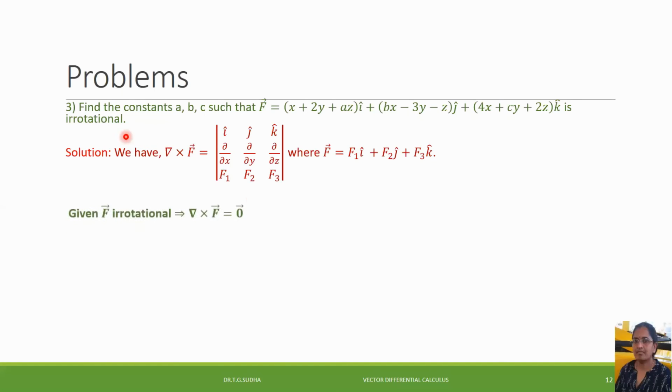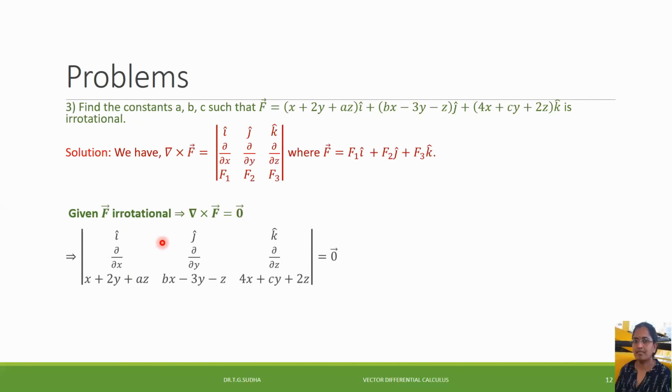Because F is given to be irrotational, we need to find the constants A, B, C. Given F is irrotational, we know that del cross F is equal to the 0 vector. So let us find the left hand side and equate it to the right hand side.